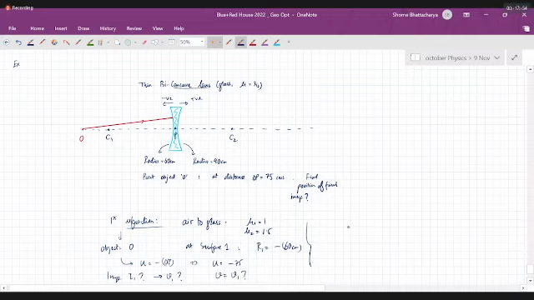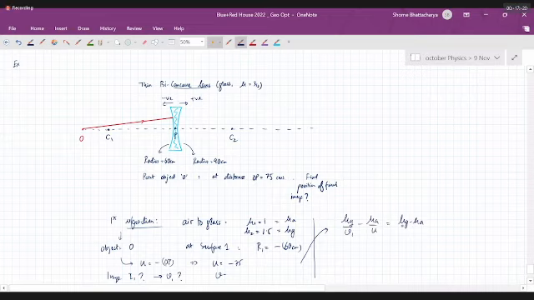So now let's apply the formula. I'm going to write it first this way: mu2 by v minus mu1 by u is equal to mu2 minus mu1 by R. This is my equation 1.